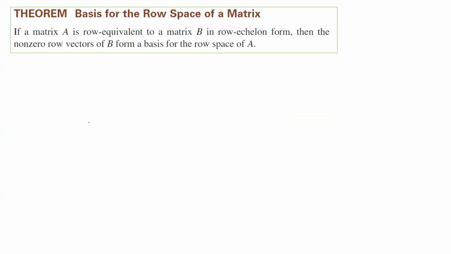We have a nice theorem. If you have a matrix A which is row equivalent to matrix B in row echelon form, then the non-zero row vectors form a basis for the row space of A. So if somebody asks you to find the basis for the row space, you're going to say: first I'm going to write down A, and then I'm going to apply elementary row operations to find a matrix that is in row echelon form.